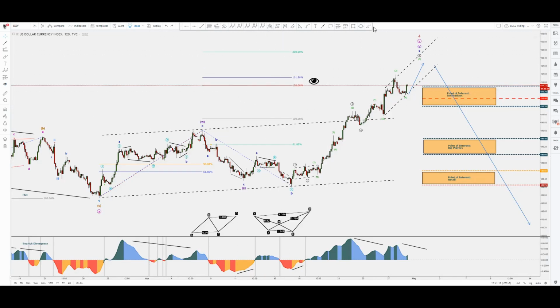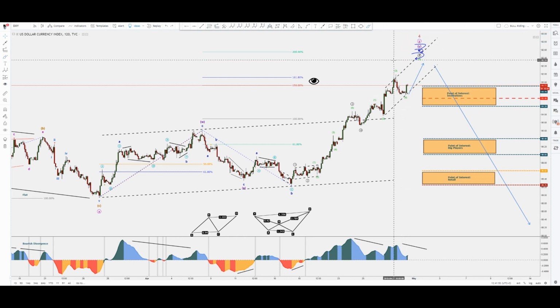The way I'm labeling this is WXY, WX, and then AB going lower than the start of A, thus allowing the extension: 1, 2, extension in 3, 4, and then an overshoot for the final fifth leg in order for this pattern to complete the C subminuette, Y minuette, minute Y, and then the 4.